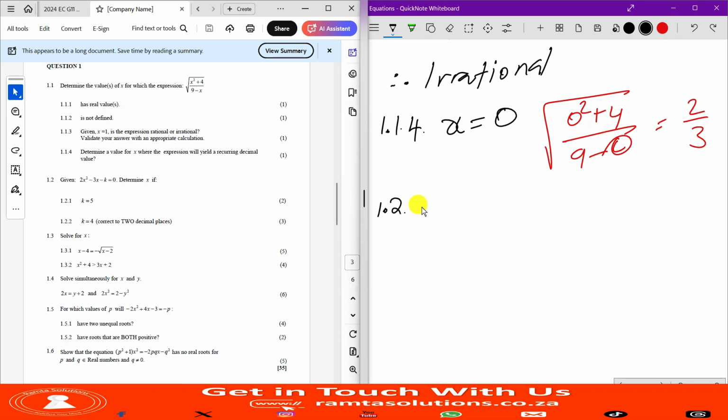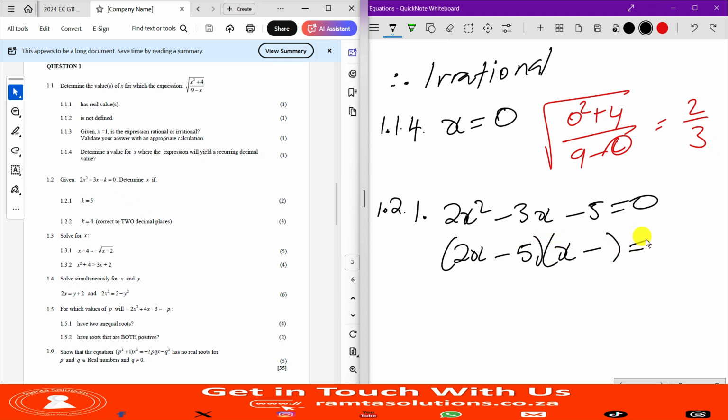1.2 says, given 2x squared minus 3x minus k equals 0, determine x if 1.2.1, k is 5. So we'll say 2x squared minus 3x minus 5 equals 0. So this is 2x minus 5, and then x plus 1.